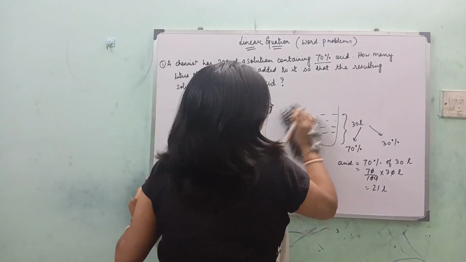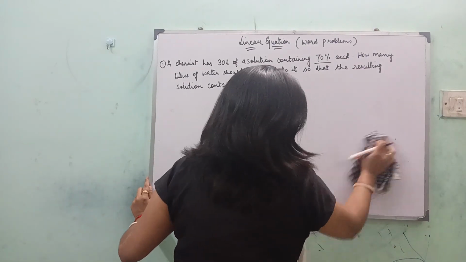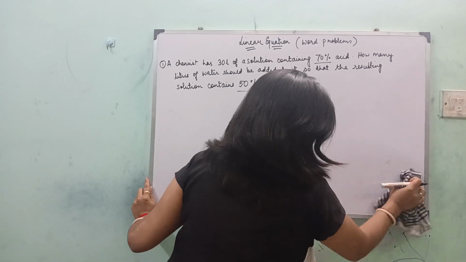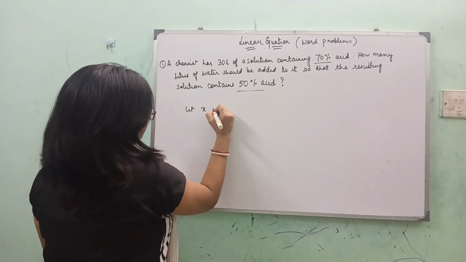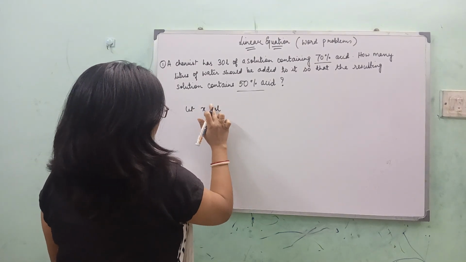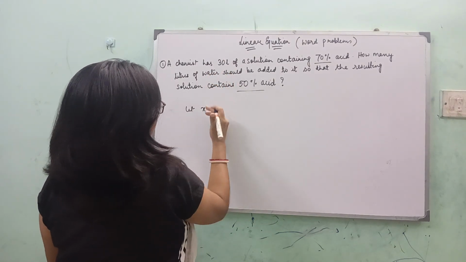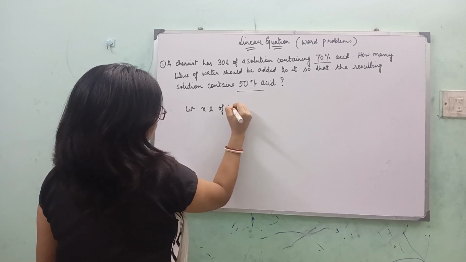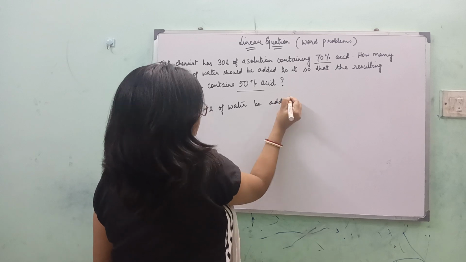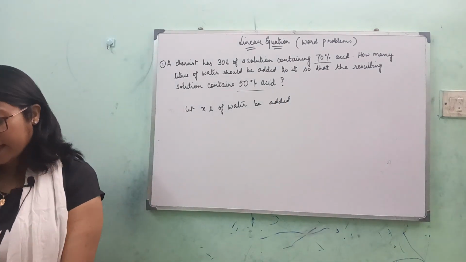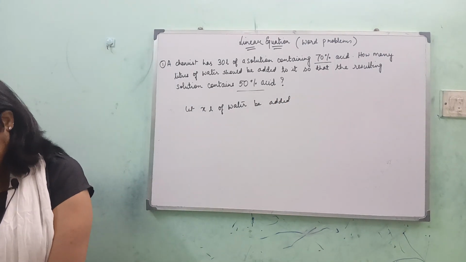So the concept lying behind the sum is clear. Let us say x liters of water be added. So we are assuming that we have added x liters of water.